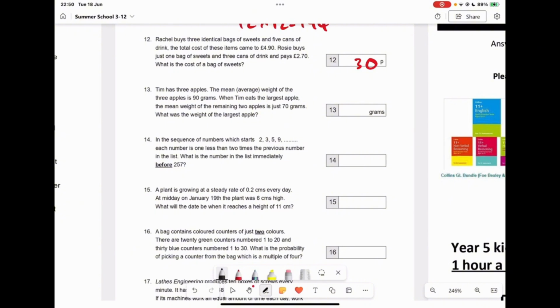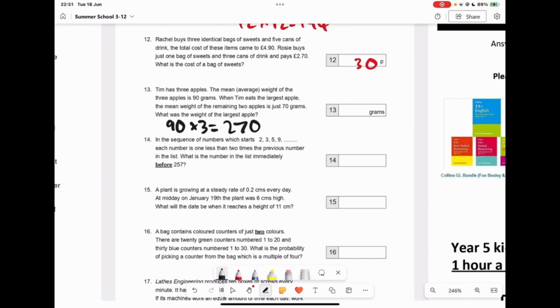So how we're going to find this is we're going to identify what mass must have been added in order to divide by 3 to get 90. So first we have to do 90 times 3, and that is equal to 270.